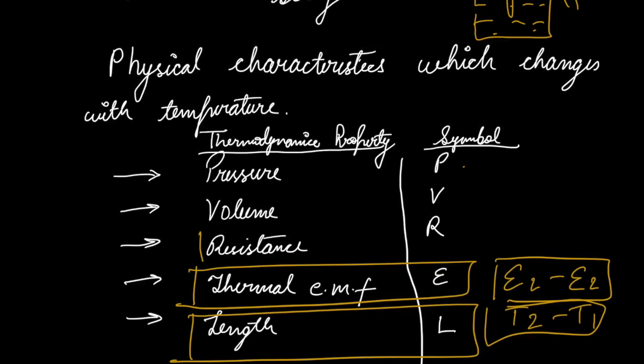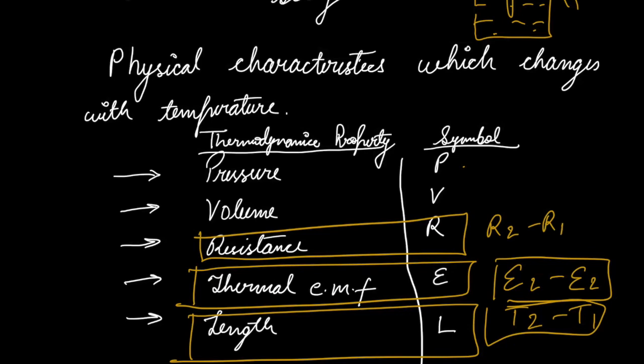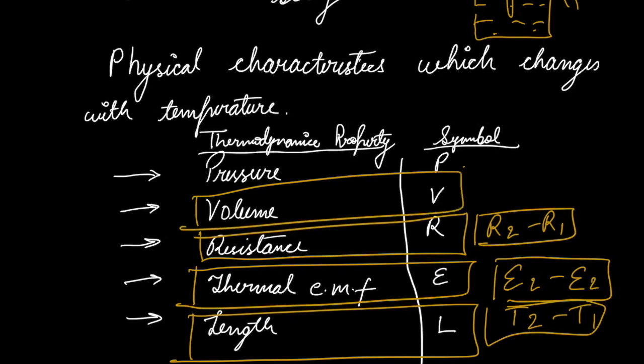Resistance, you have resistance thermometers. There are many different types of metals whose resistance changes when temperature is applied, when they are heated. If resistance changes, then you can correlate the change in resistance to the change in temperature. Volume. If there is a gas present in a contained space and you increase the temperature, the molecules get excited, the volume increases, there will be a change in volume.